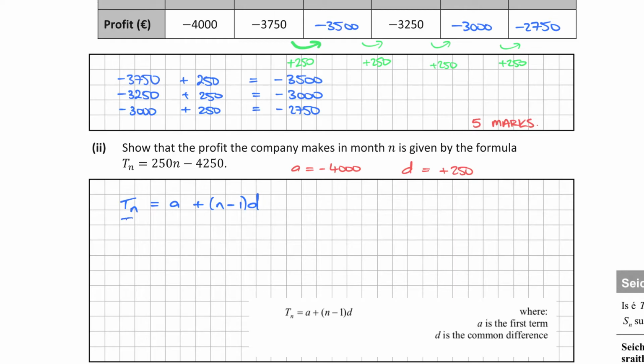So T of n will be equal to a, which was negative 4,000, plus n minus 1 times d, which was 250. So T of n will be equal to negative 4,000 plus, and what we're going to do here is multiply this out. So 250 times n gives you 250n.